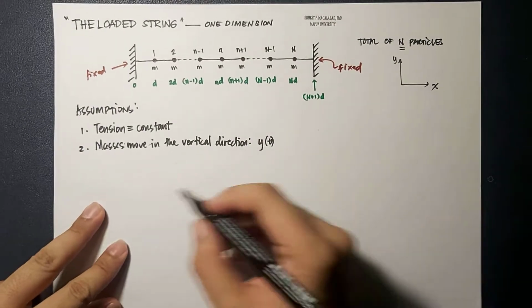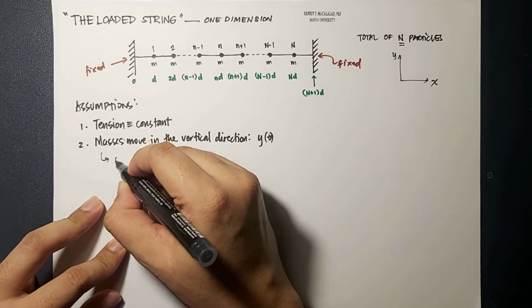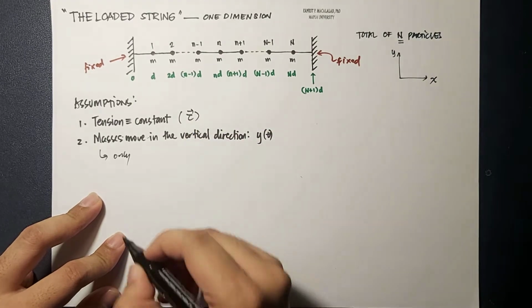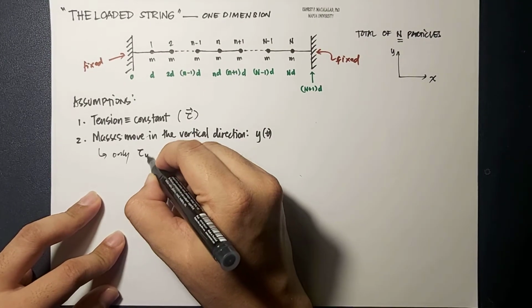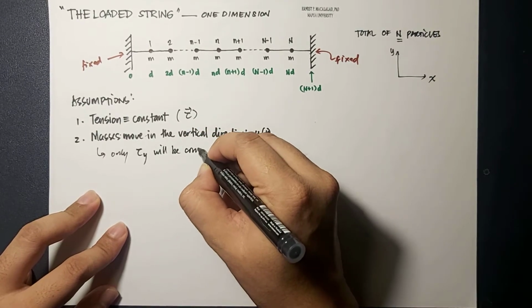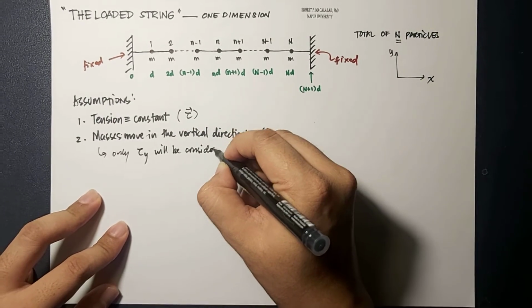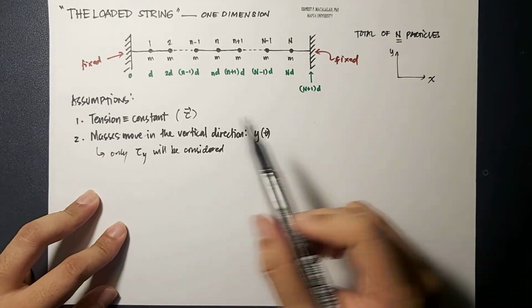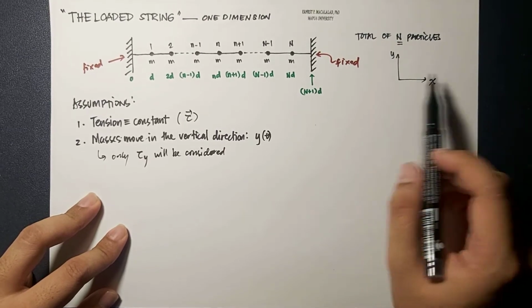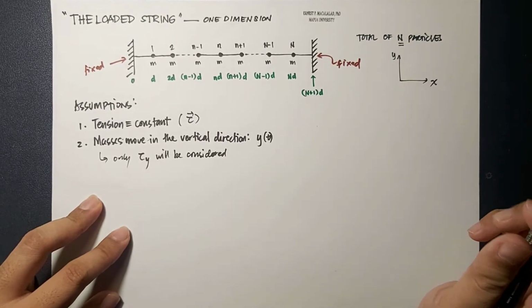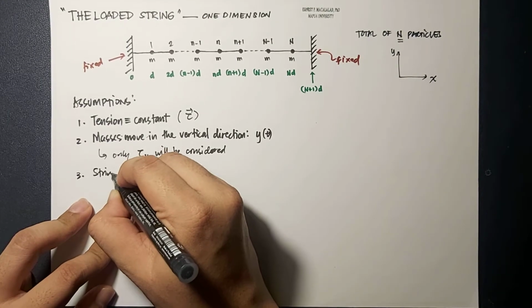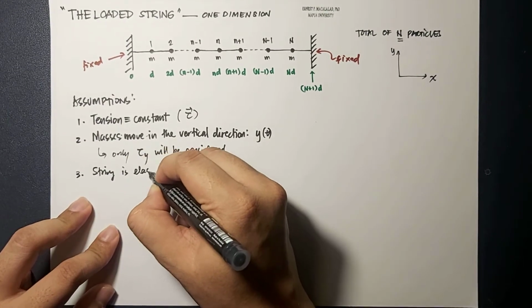So if your tension is given by tau, only tau along y will be considered, because the x component of your tension does not involve any motion along that direction.